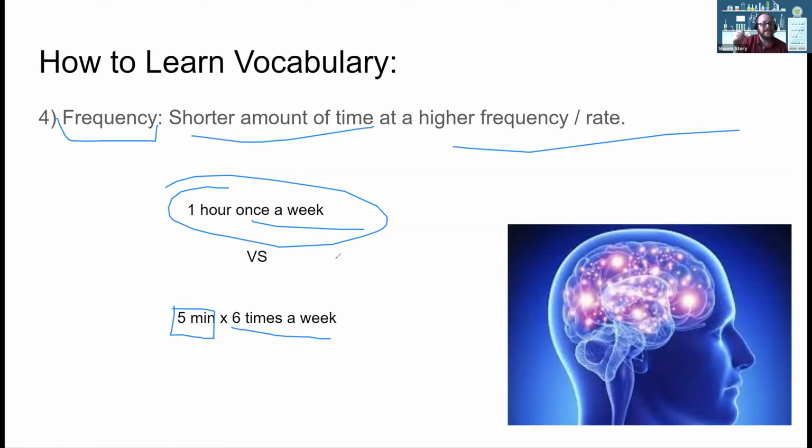So pretty much every single day you're spending just a small amount of time. But what's interesting about this is you're actually saving time. How much time is 5 minutes 6 days a week? 30 minutes. You're technically spending half the amount of time, which is crazy.